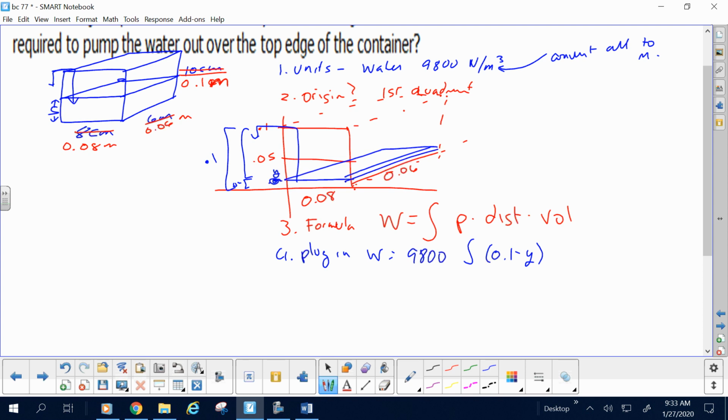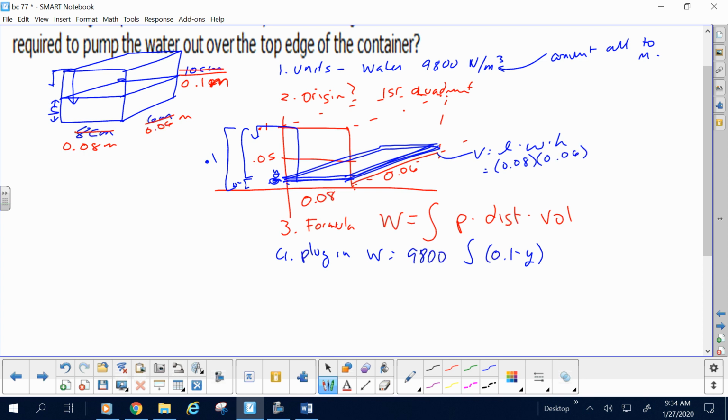Volume is a reference not to the volume of the whole container, but just the volume of this paper-thin sheet of water. So I think we can see that the volume of this is just a rectangular prism. What's the length? 0.08. And the width? 0.06.